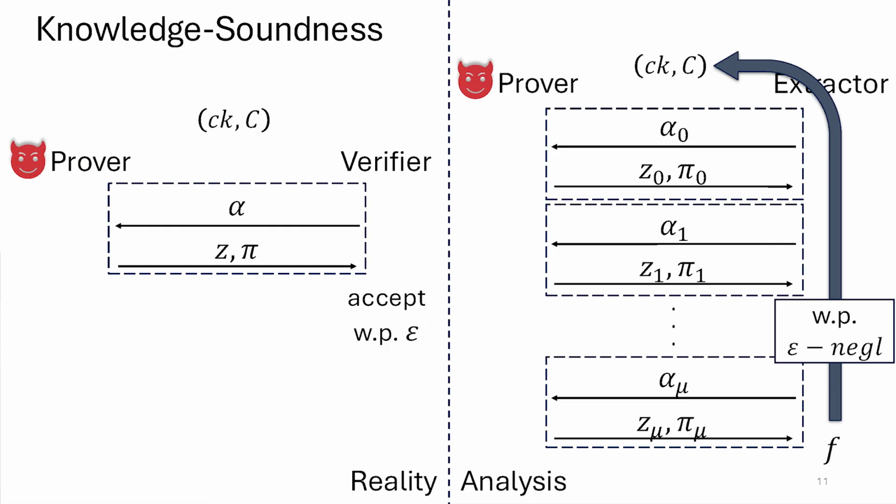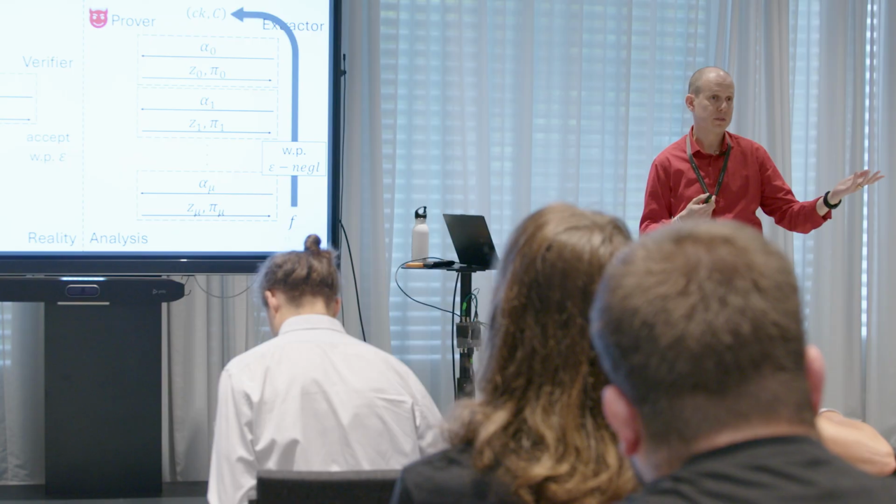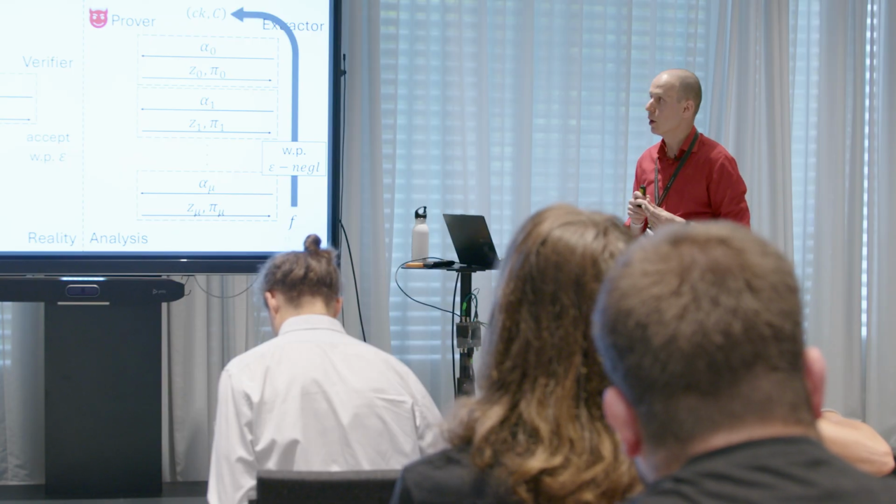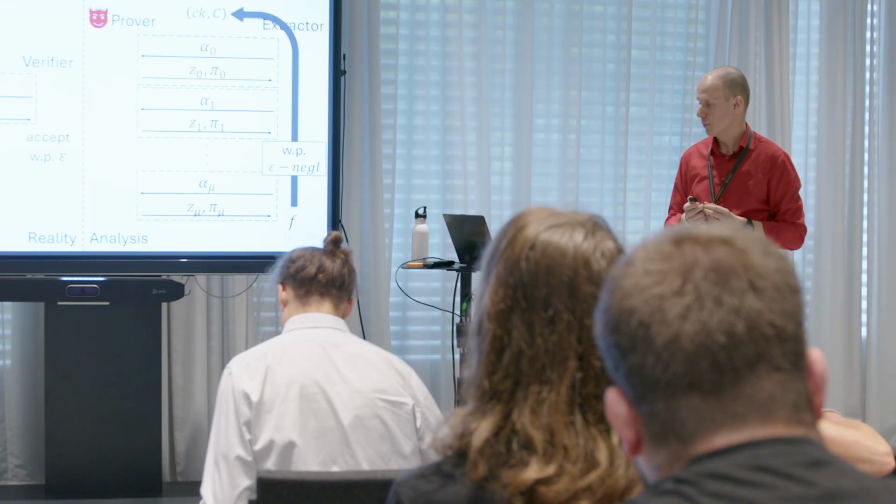Okay, so this is the notion of extraction. If I have this query access to the prover, I can use it in order to extract, with similar probability. It's a very standard notion of extraction if you have ever seen any proof of knowledge, right? Now it's just applied to the setting of polynomial commitments.